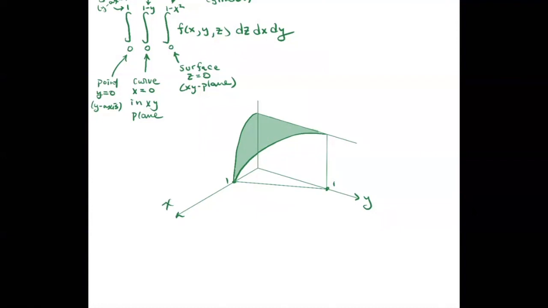Okay. So that's the cylinder. That's on top. z equals 1 minus x squared. On the bottom, I'll go ahead and get a shadow of the solid down in the xy plane. So this is my region R that we'll be integrating over. Okay. And we call that R.